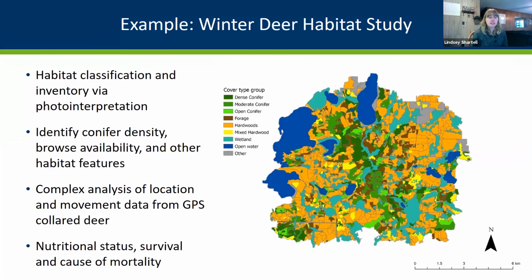At these study sites, habitat classification and inventory is done via photo interpretation to accurately describe the cover and browse potential. Biologists identify conifer density, browse availability, and other habitat features. And all this information goes into a complex analysis of the location and movement data from the GPS collared deer, as well as monitoring their nutritional status, survival, and causes of mortality.